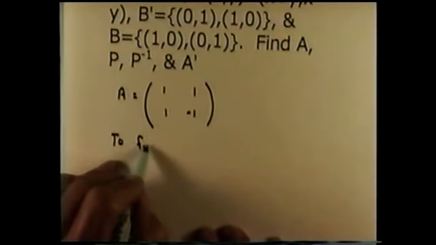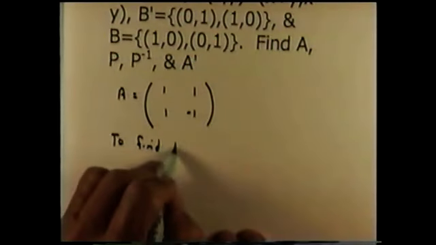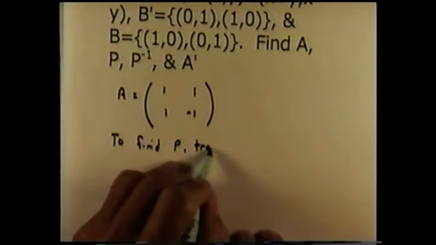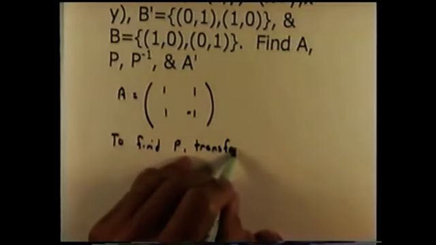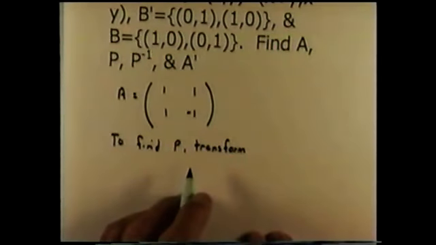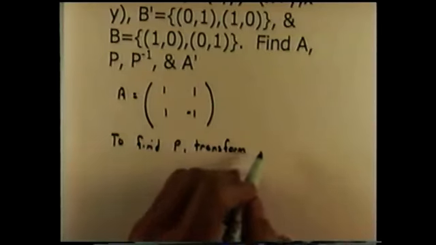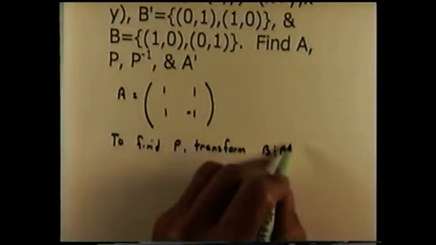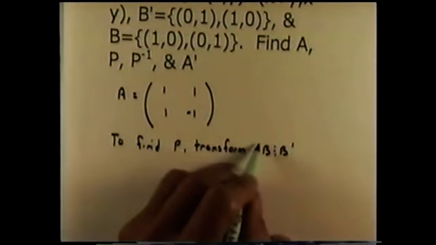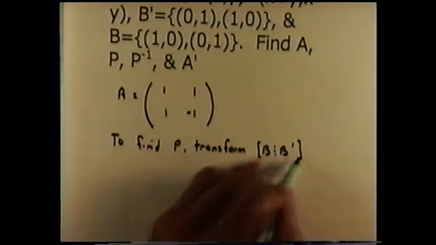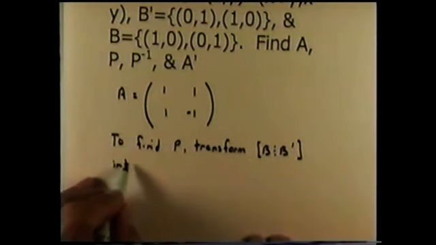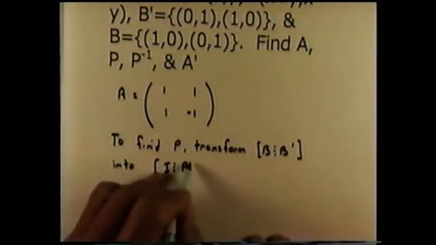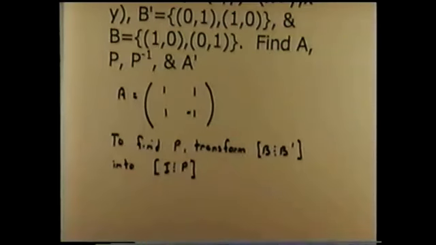To find P, we want to transform B prime joined to B into I P. Now we've done this before.